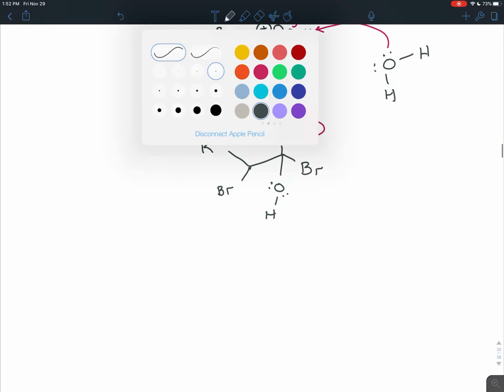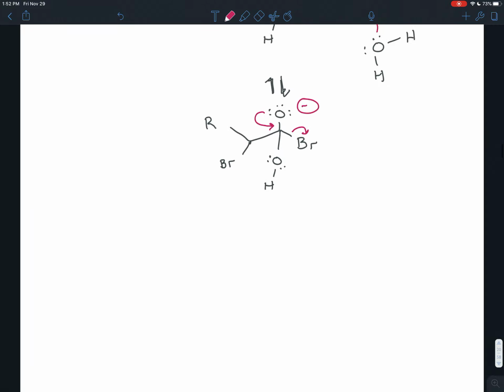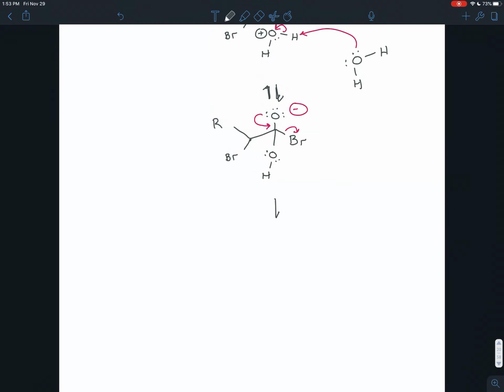And then that negatively charged oxygen comes back down and kicks the bromine off as a good leaving group. So that you're ultimately left with the same carboxylic acid you had at the very beginning. You just have this bromine on the alpha position.